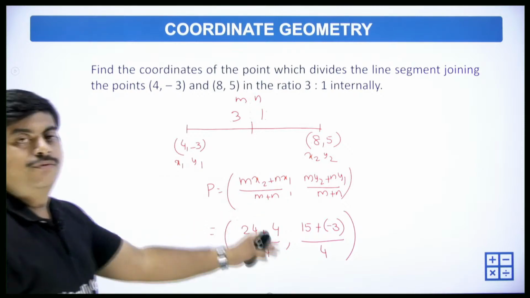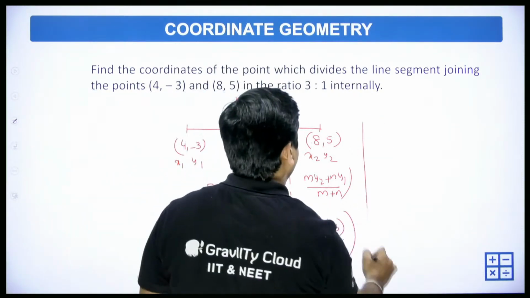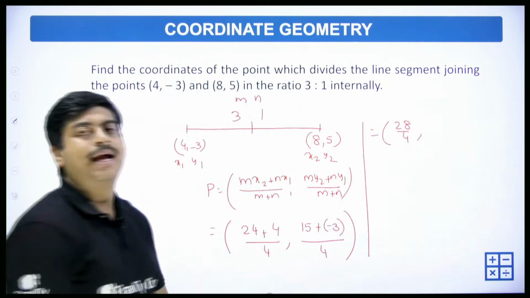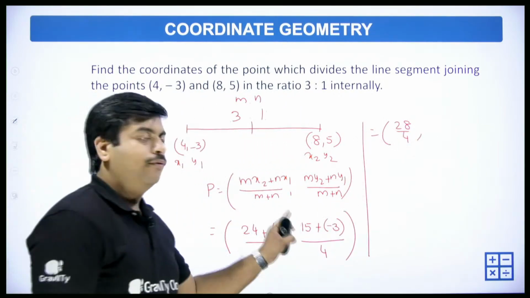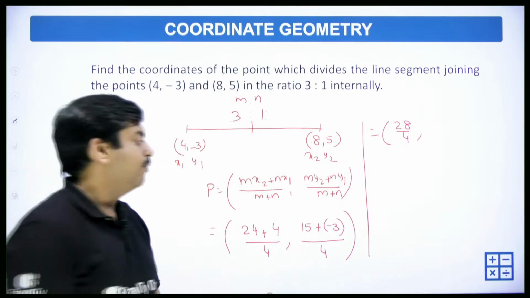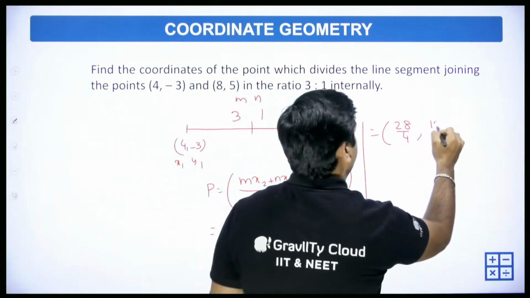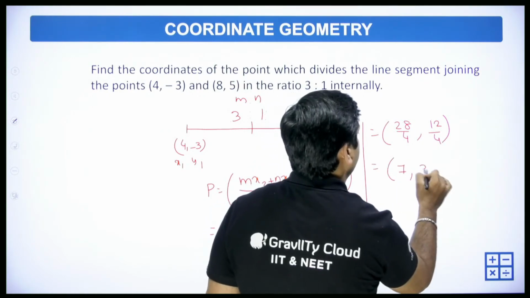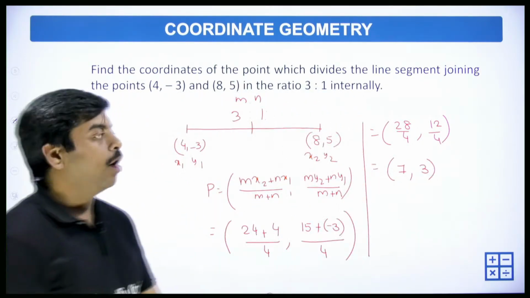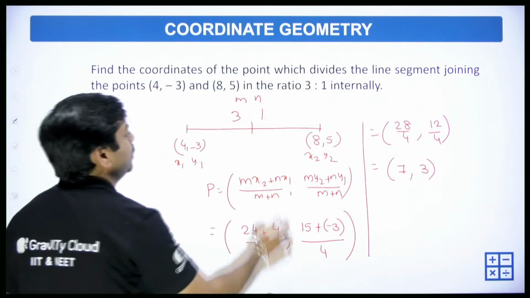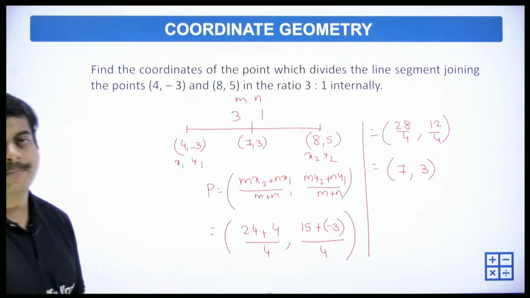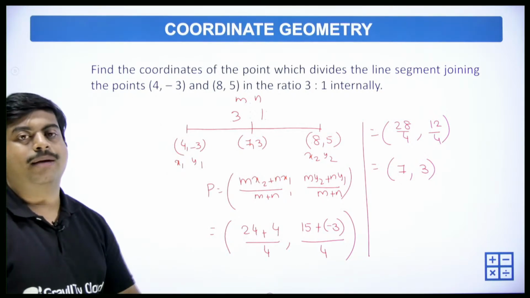So 24 plus 4 is 28 by 4, and 15 minus 3 is 12 by 4. 28 by 4 is 7 and 12 by 4 is 3. So the point which divides the line segment in the ratio 3:1 is the point (7, 3).